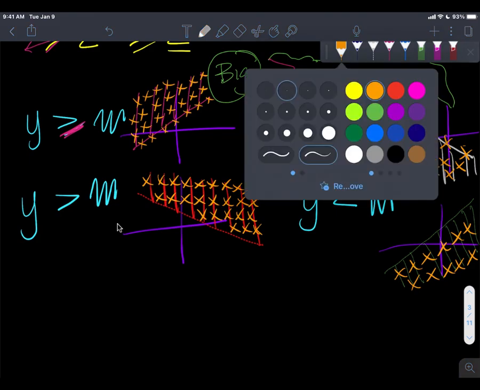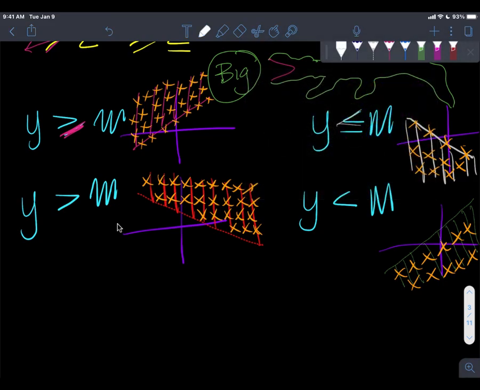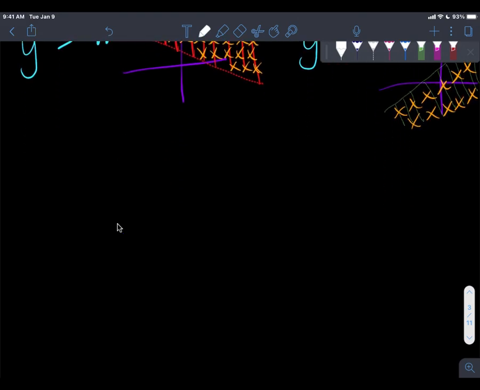Now I want to talk a little bit more about something else. Sometimes you might see equations that look like this.